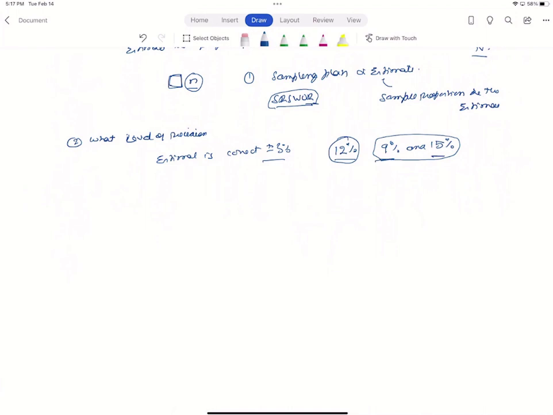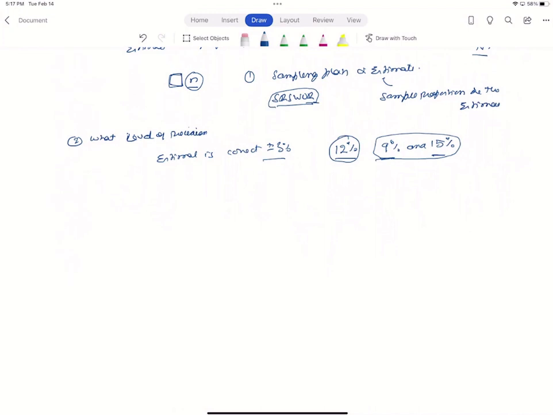But what we can select based on statistics laws is that we will not meet it in all cases, but there is only a 1 in 20 chance that some sample will not meet this criterion, that its sample proportion is between 9 and 15%.